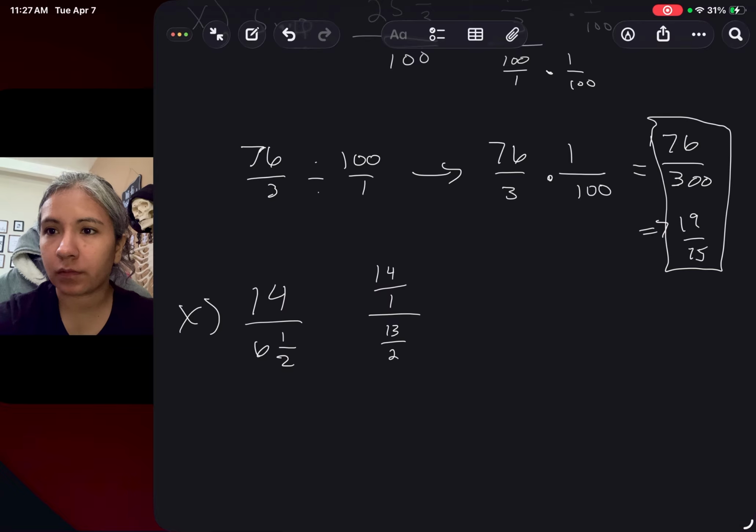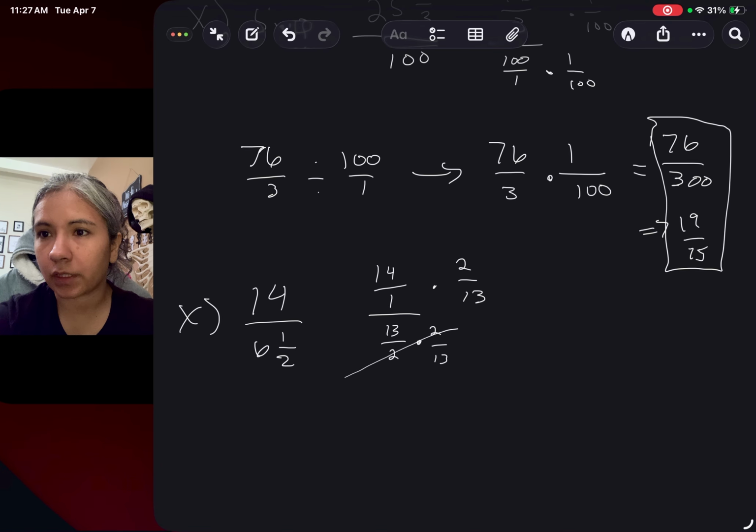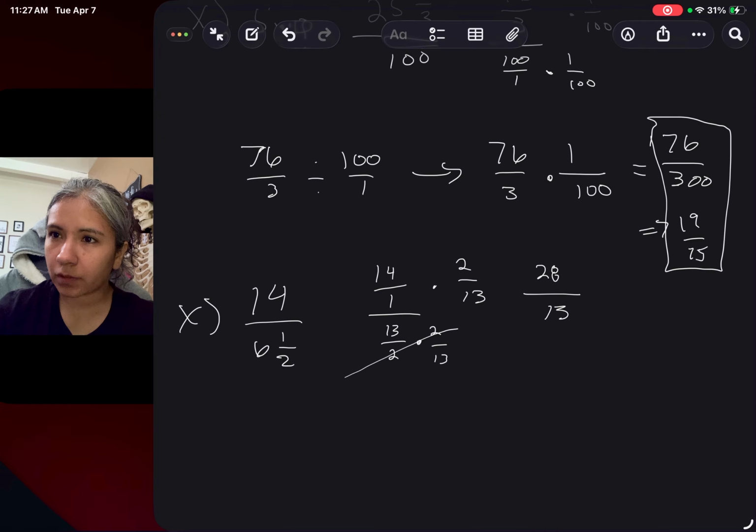Okay, so let's do the reciprocal on top and bottom. So this is all going to cancel out. So 14 times 2, 28, right? Divided by 13.